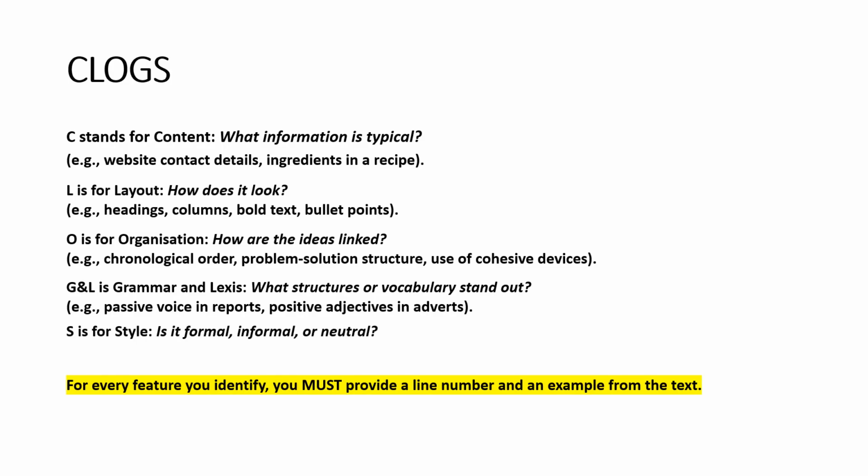And S is for style: formal, informal, or neutral. Like if you can see the use of contractions, in that case it is informal. So let's have a look at this one. And the most important thing, which I highlight here, is that you must provide a line number and an example from the text.